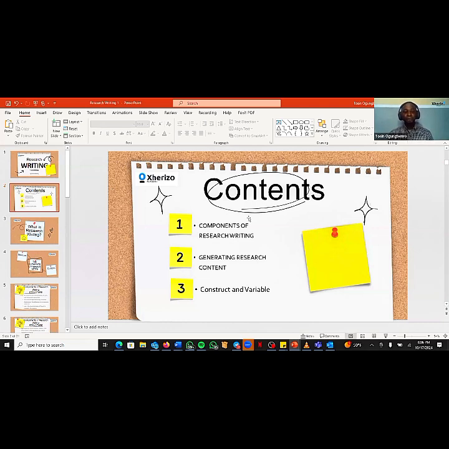But majorly, academic writing, especially dissertation, is basically categorized into two. We have dissertation and we have assessment. So these 3 days, I'm not going to be touching assessment at all. I'm just going to be focusing on dissertation. The main thing that differentiates dissertation from assessment is dissertation is more theoretically inclined, while assessment is more practically inclined.